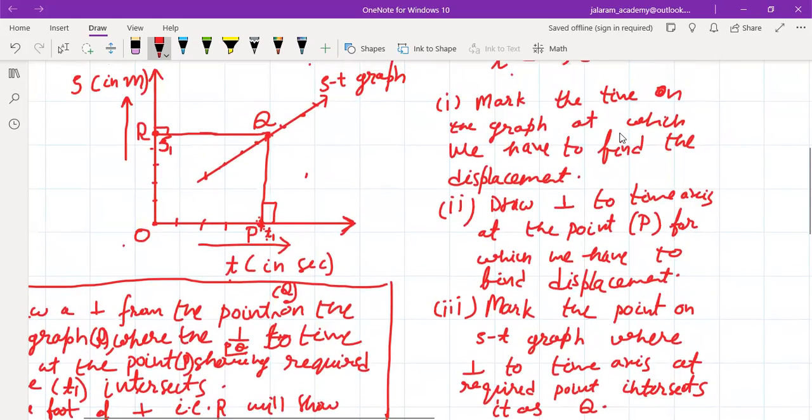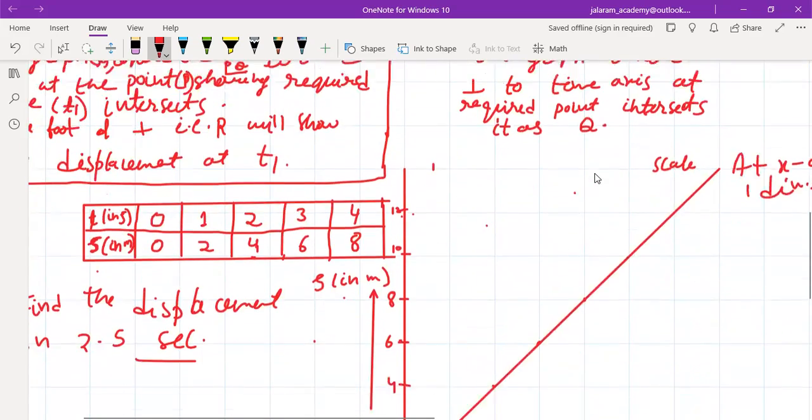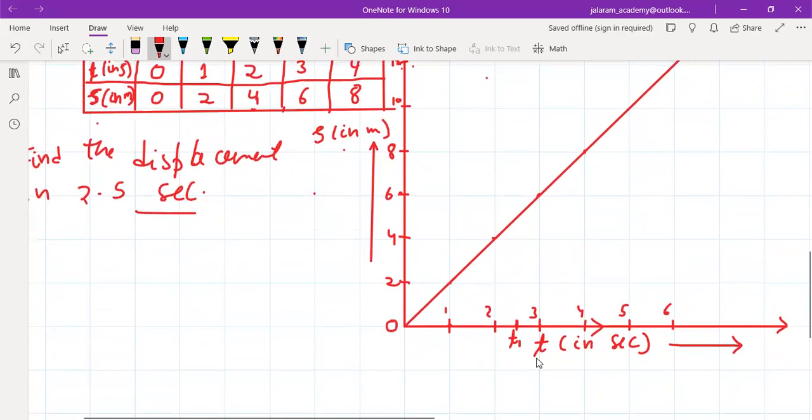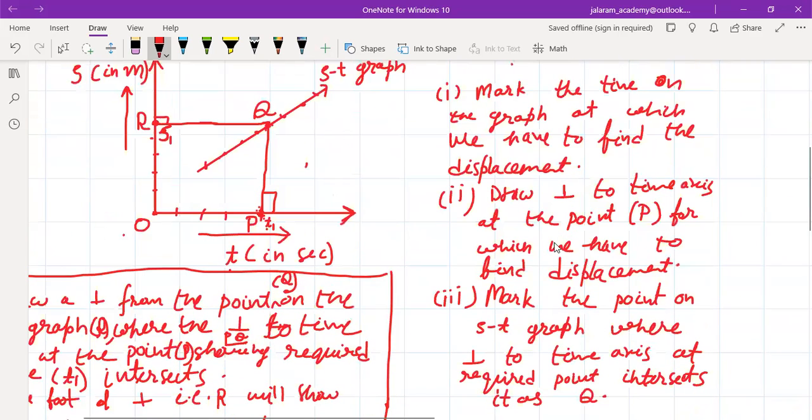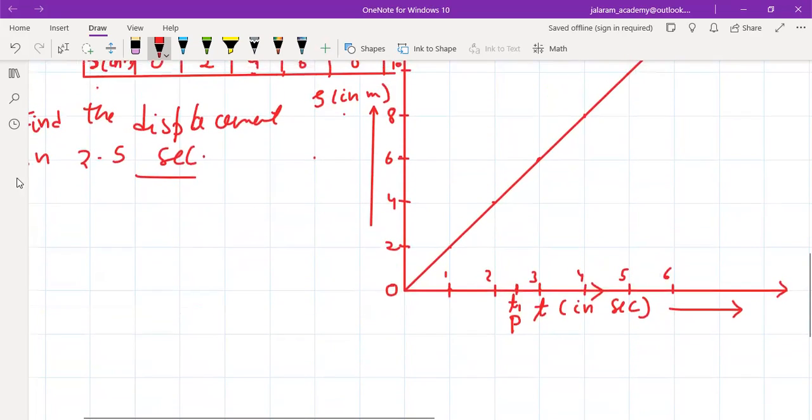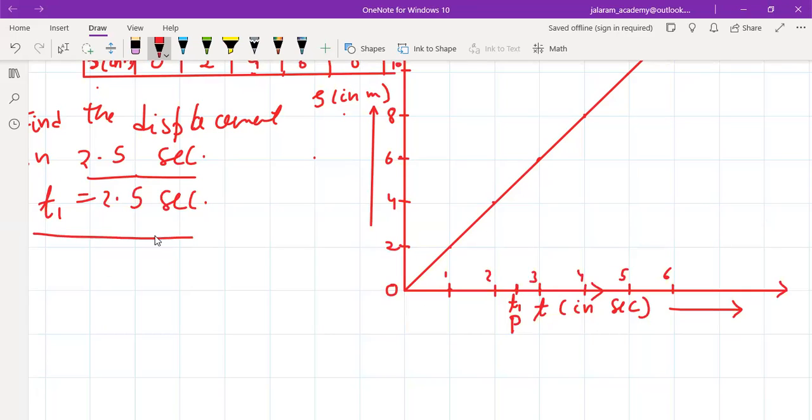Mark the time on the graph at which we have to find the displacement as P. Now draw a perpendicular to the time axis at the point P. T1 equals 2.5 seconds.